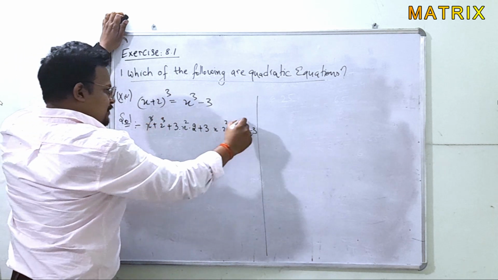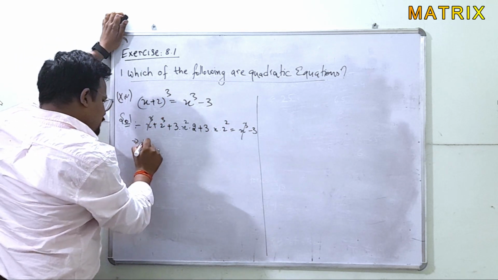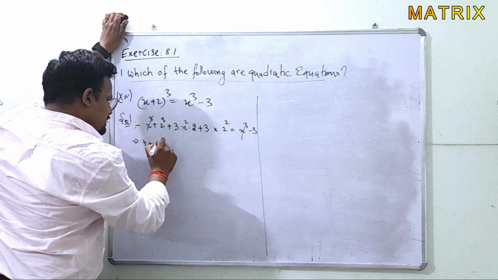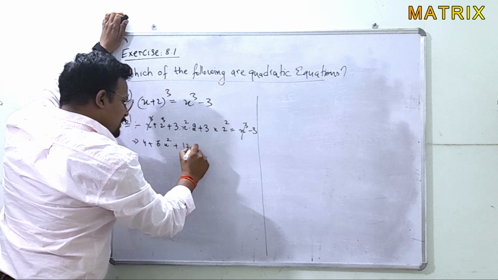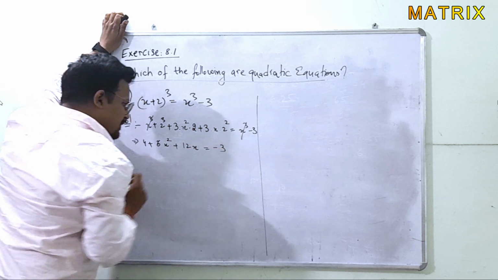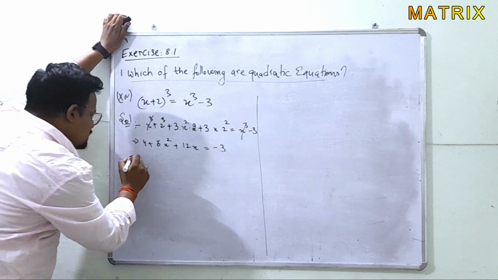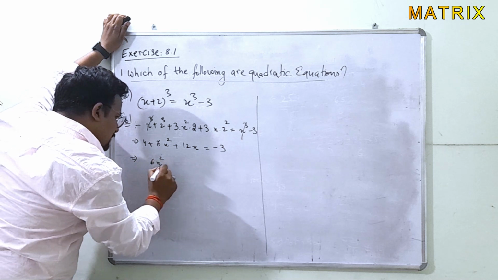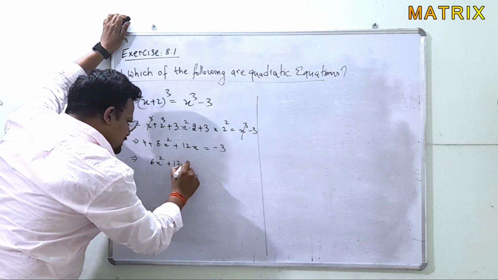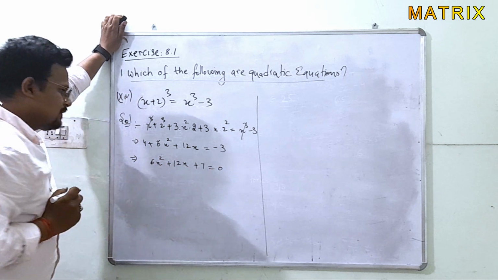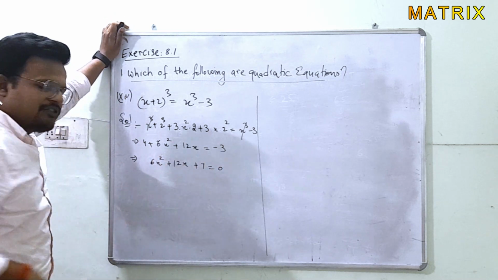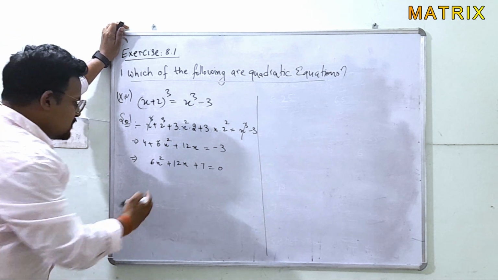So this x cube will be cancelled both sides. It will be 6 x square, and 2 2s are 4, 4 3s are 12 x, equal to minus 3. Right? And this will be 6 x square plus 12 x, and this 3 will be on this side, so 4 plus 3 will be 7, equal to 0. Clear? So this is my final equation.